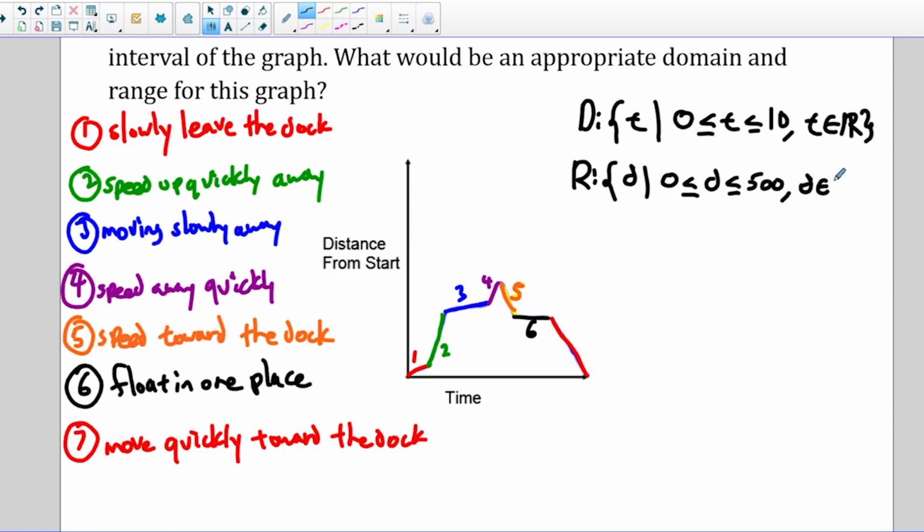And your distance can be an element of the real number system. So that's something that's pretty reasonable. Again, what I want you guys to do is ask yourself, why did I use 0 as your lowest value of time, and why is 0 your lowest value of distance? Well, t, your time, can we have negative time? The answer is no, so the lowest we can go is 0.